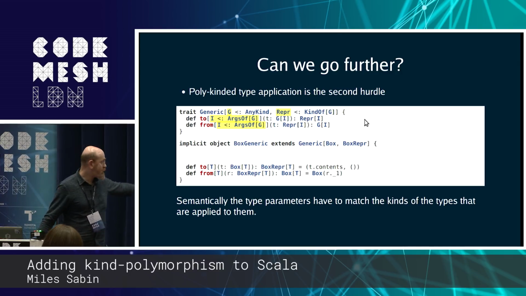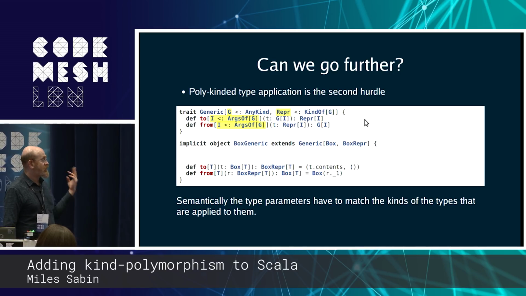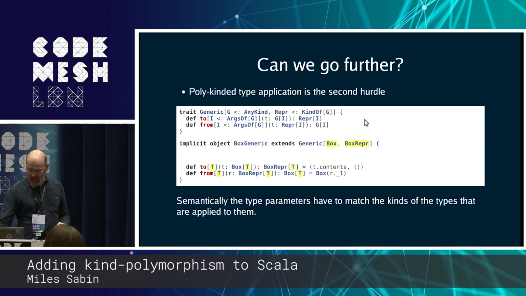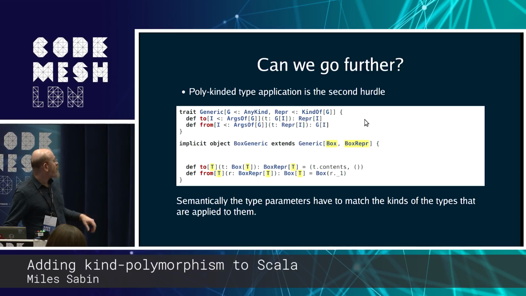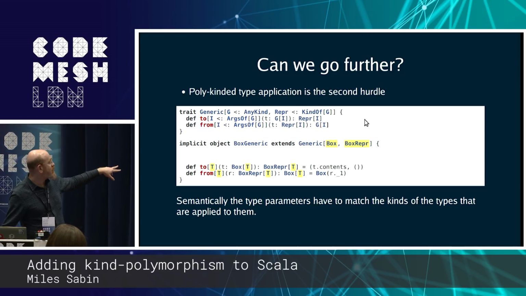So for example, in this case, for this type of kind star arrow star, it's just a single type argument of type T, but in other cases it would be something else. So in the general case, we've got something which is polykinded, so we have to have polykinded arguments. In a particular instance, we know what our kinds are, so we have to have corresponding type arguments for the methods here.